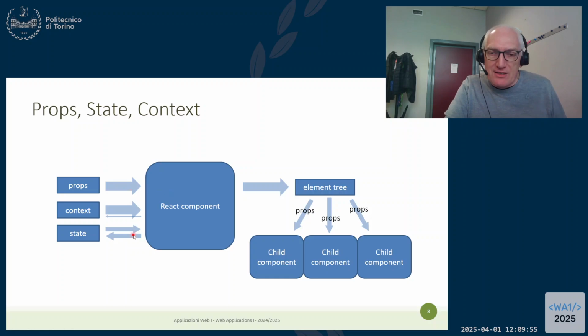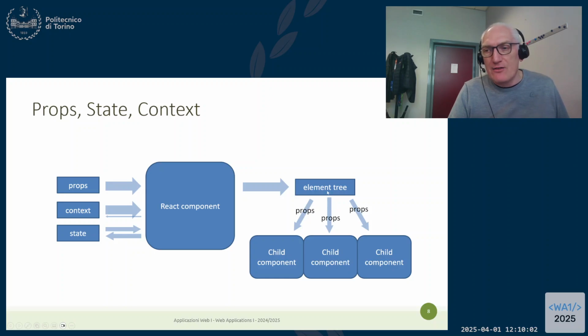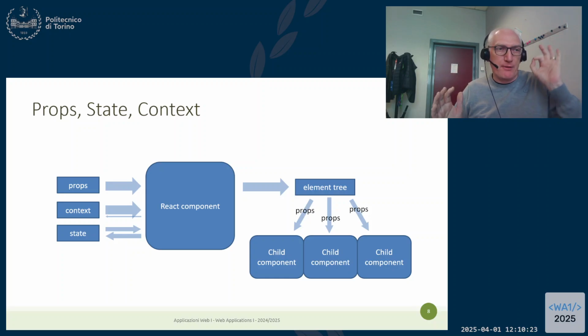And props and state are input variables to the component, to the function. Okay, so the function is still pure, let's say. So it will always generate the same element tree if the props are the same and the state is the same. But if the props and/or the state change, the result, the element tree, can be different. Okay, so inside a single rendering operation, a component is still a pure function. Given a set of properties, given a set of states, the rendering is unique, cannot change.